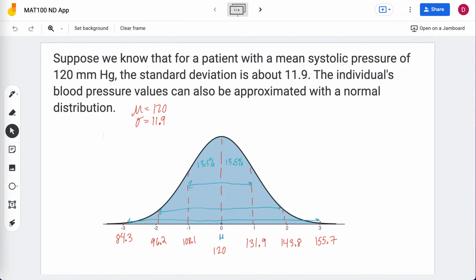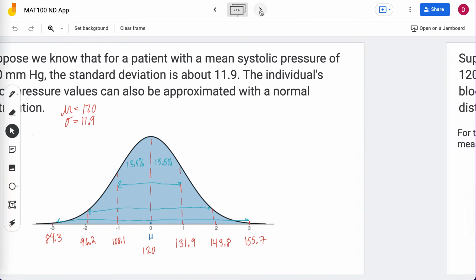But that's not always going to happen. What if I asked about a different value that lies between standard deviations, like the percent above 140 or the percent below 106? These aren't lining up perfectly with our standard deviations, so we're going to need to use a calculator to help us. And that's what we're going to do now.